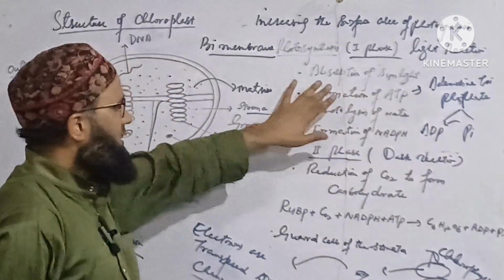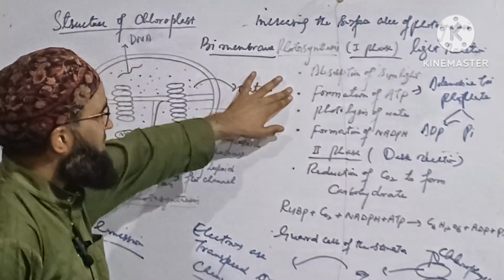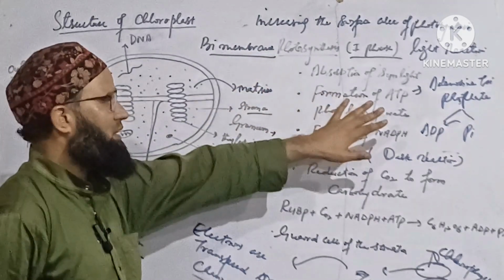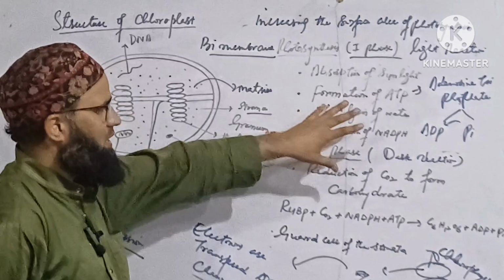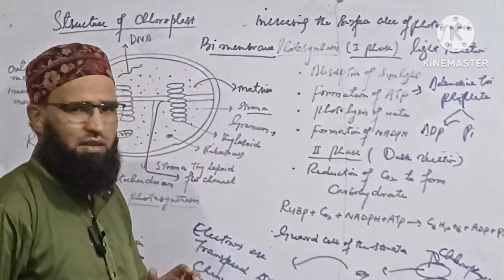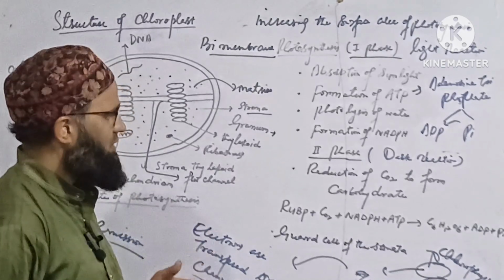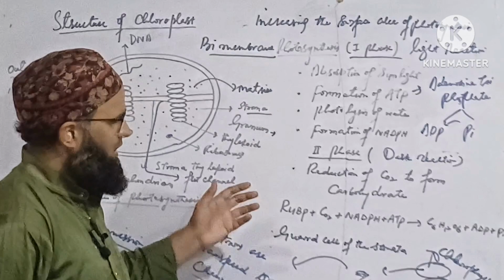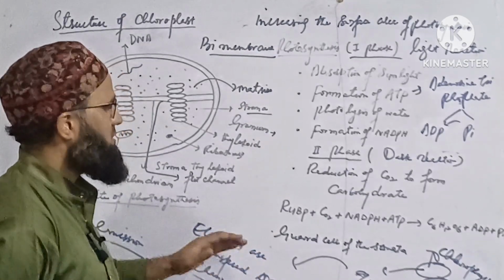So in the second step of the first phase, that is the light reaction, formation of ATP energy takes place, because ATP is also called the energy currency, because it is very helpful in carrying out the other steps of photosynthesis.